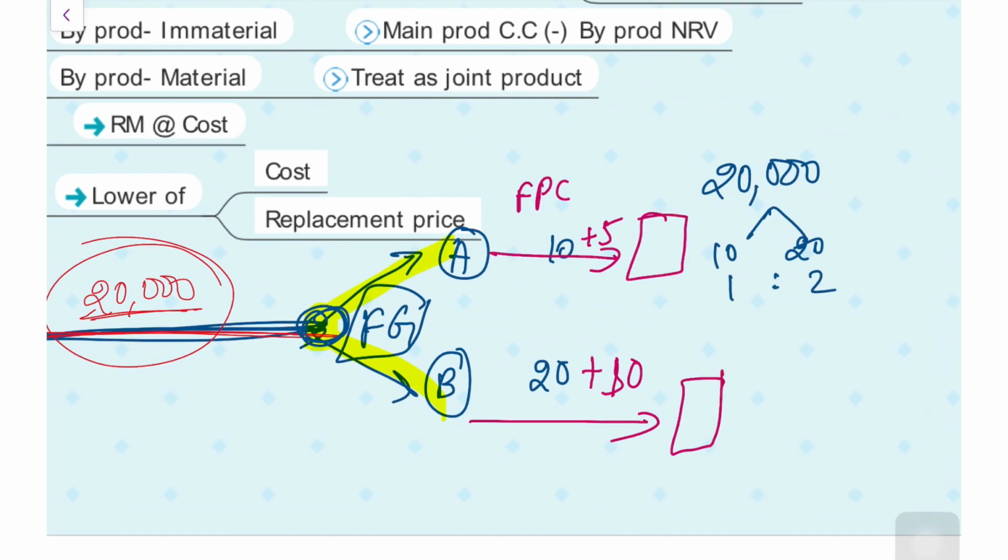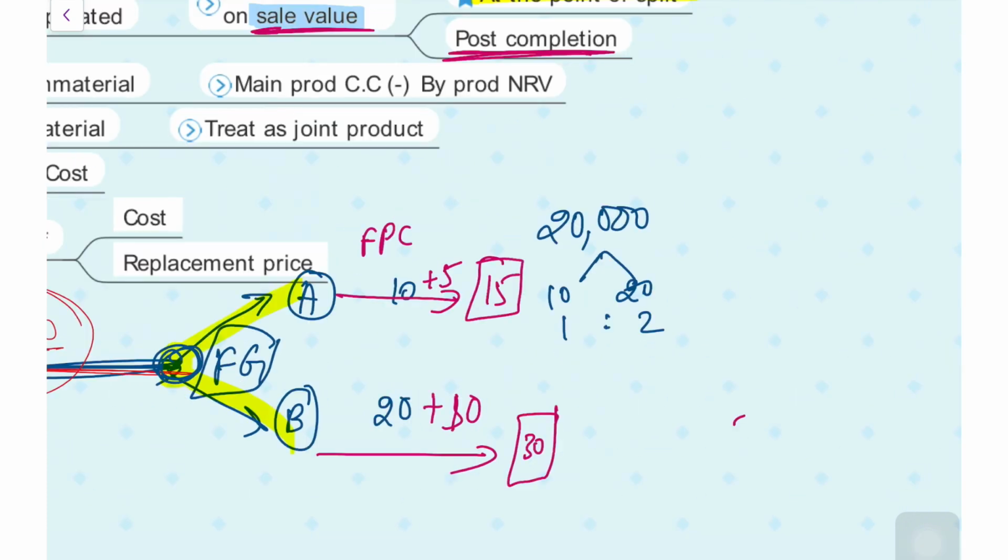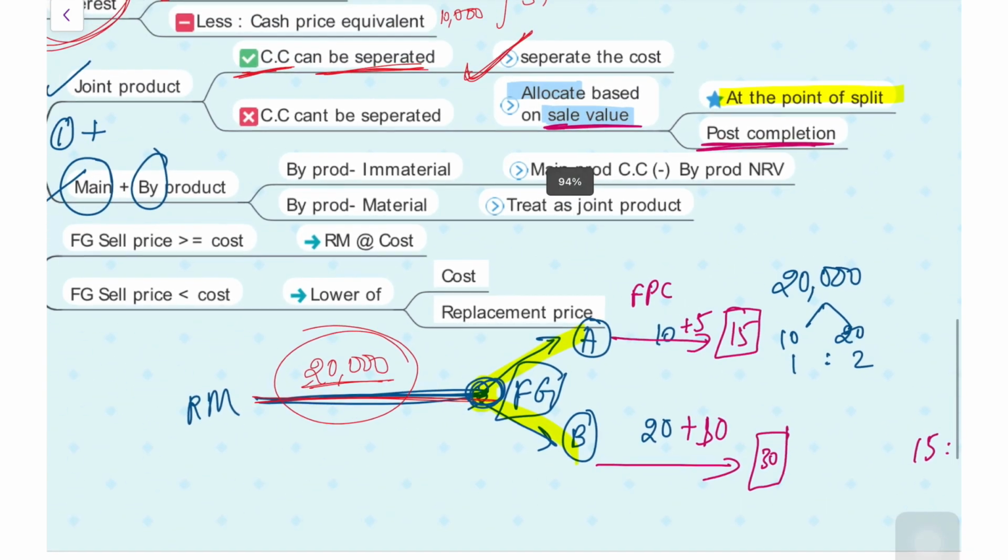After both the products are completely done, your A is valued at 15 rupees and your B at 30 rupees. After completing A and B, after incurring the further processing cost and all, whatever is the sale value, you can take that ratio and split your conversion cost.